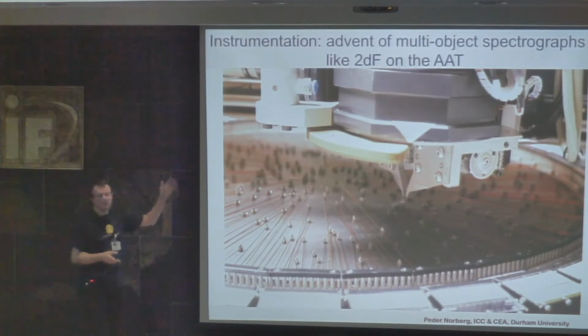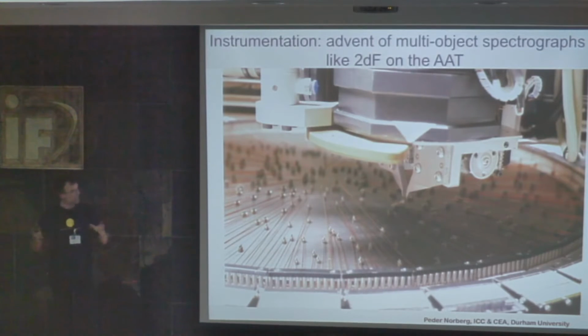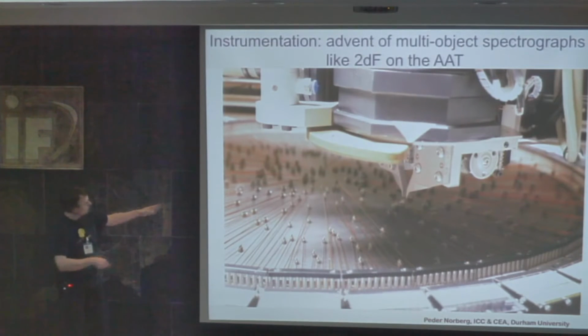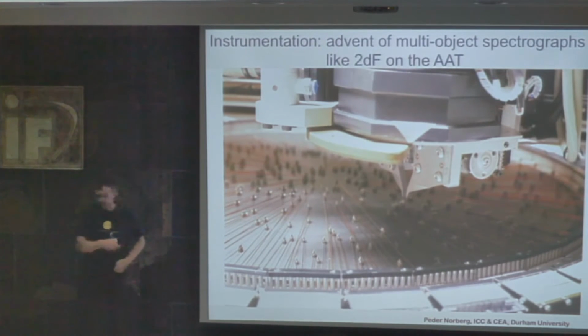So there is one part in 2dF, the instrument, and here's an example of this robot arm picking up one of these prisms, which is picking off the light, so you can have over 400 fibers picking in the light. It takes an hour to configure.